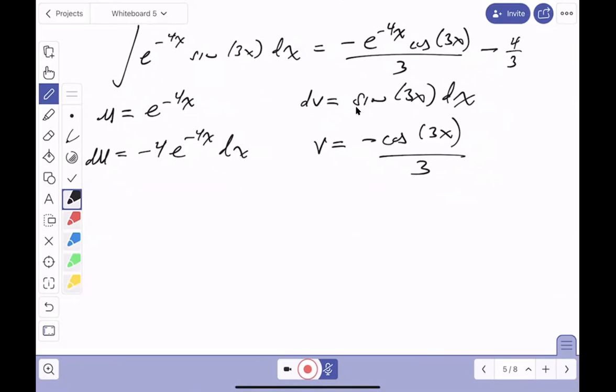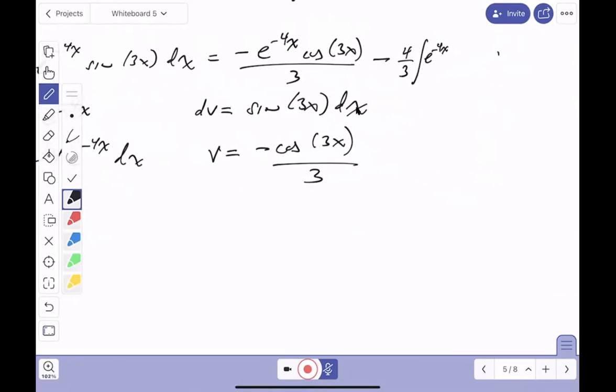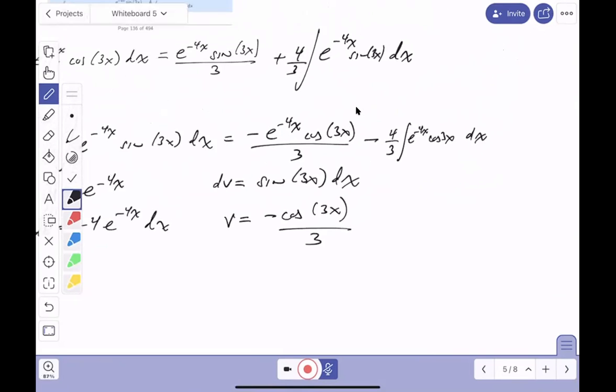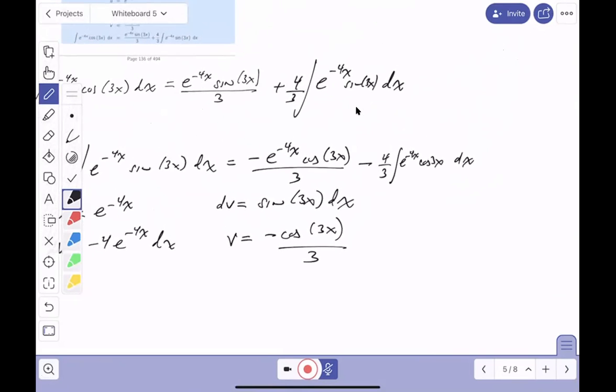Let me make sure I did that right. E to the minus 4x. Just give me a moment to think. dx. And then cosine 3x. All right, it's just crazy. I mean, it's so much work. I don't think I could ever get through it. I got to write this down now.